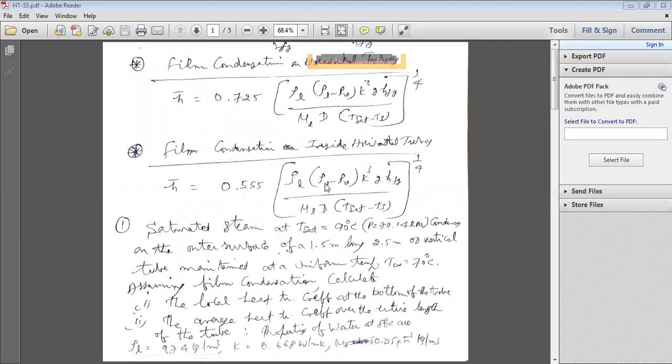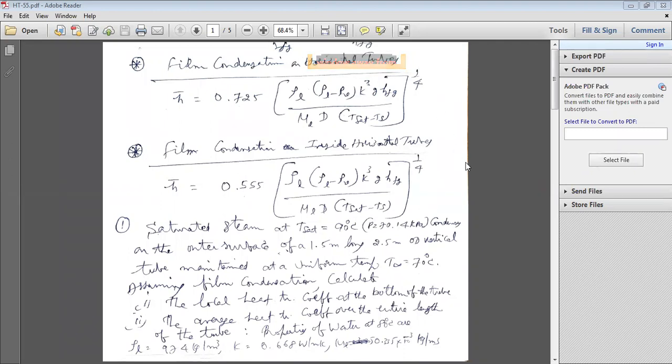But at what temperature are you supposed to take the properties? That is (T saturation plus Ts) divided by 2, the average of T saturation and Ts. But for latent heat of condensation, you have to take T saturation. h fg is to be evaluated at the saturation temperature, whereas all other properties are taken at the average of T saturation and T surface.